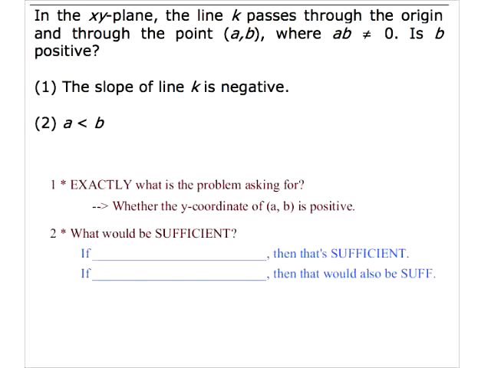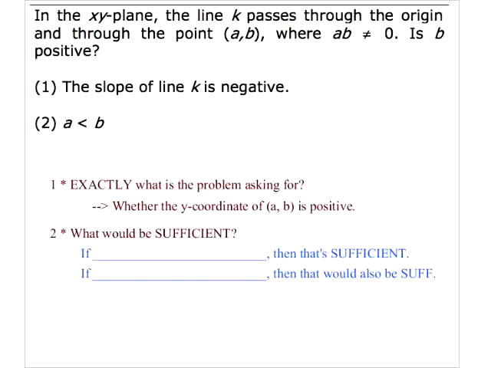So for you guys talking about slope and stuff like that, too much reasoning. I'm just looking for exactly what are we trying to find in the problem, because a lot of people are not as clear on this as they think they are. We don't care about slope in this problem, at least not ultimately. Slope might help us find stuff, but that's got nothing to do with sufficiency.